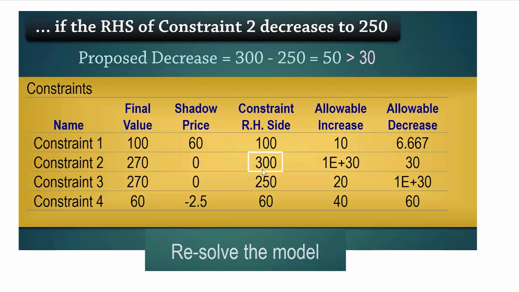So if we decrease the right hand side from 300 to 250, the proposed decrease will be 50. 50 is greater than the 30 that represents the allowable decrease. So it's not okay, and we need to resolve the whole model again.